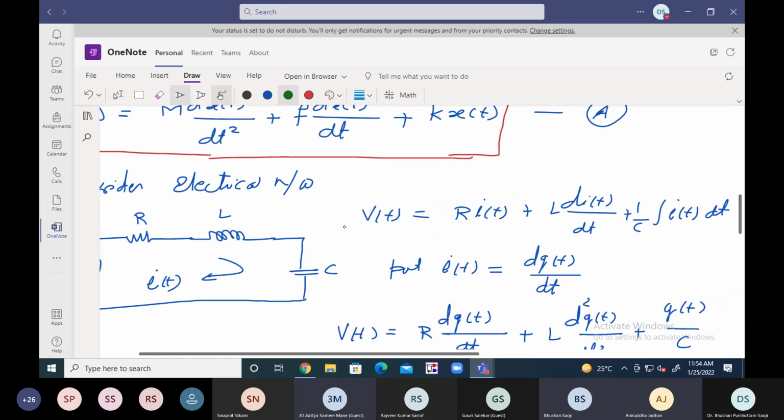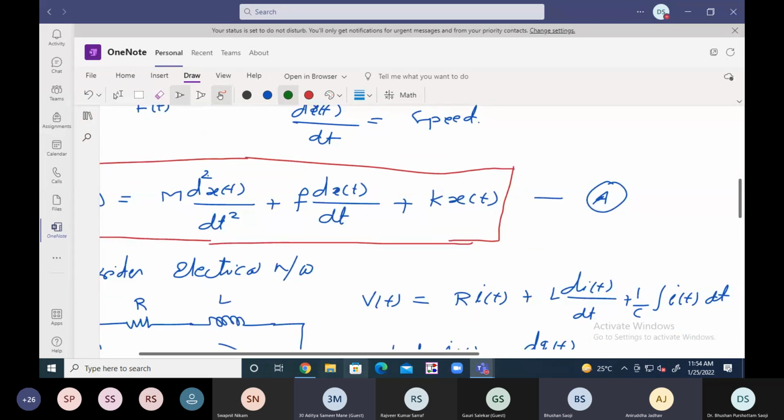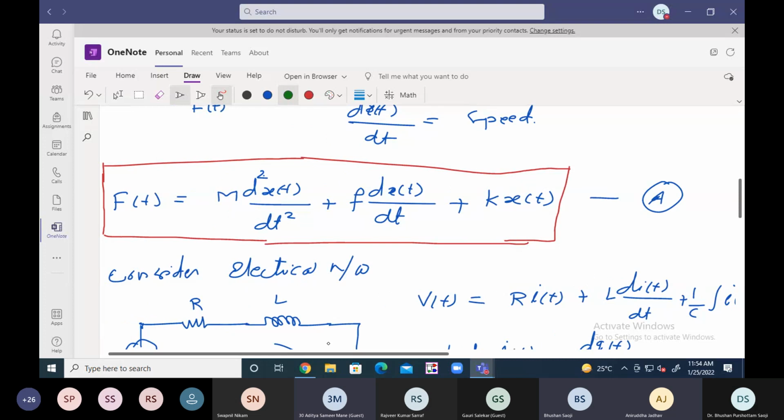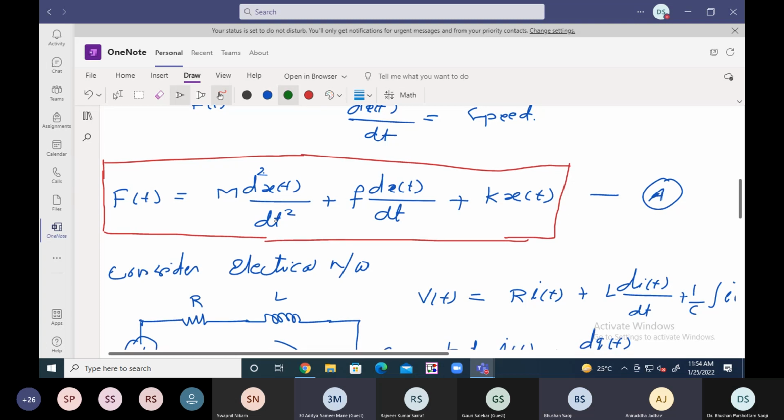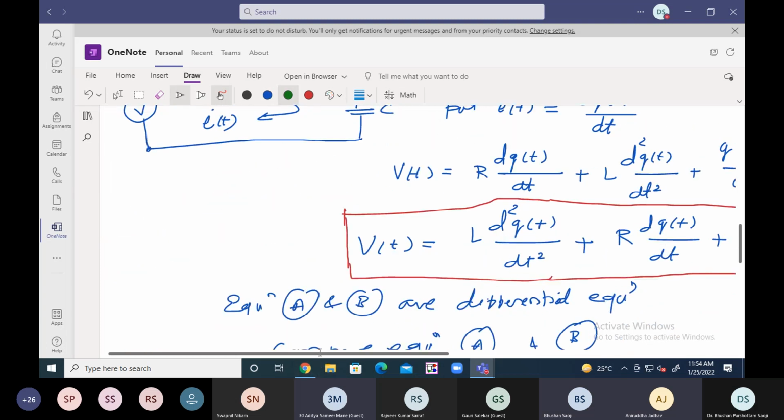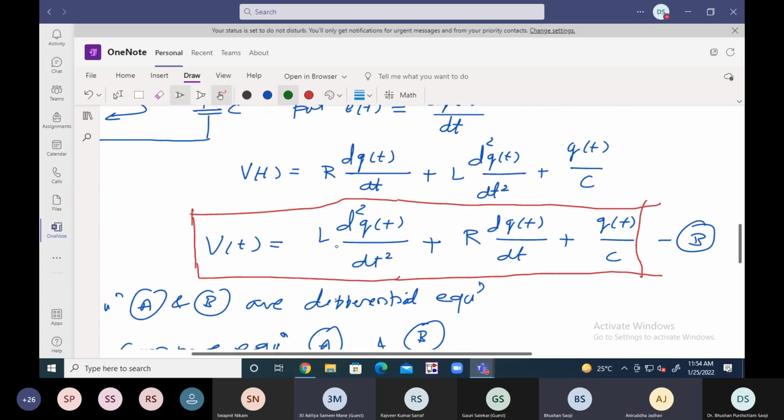Now see here, in equation A there is a term m into d square x of t by dt square, and in V there is a term L into d square q of t by dt square.